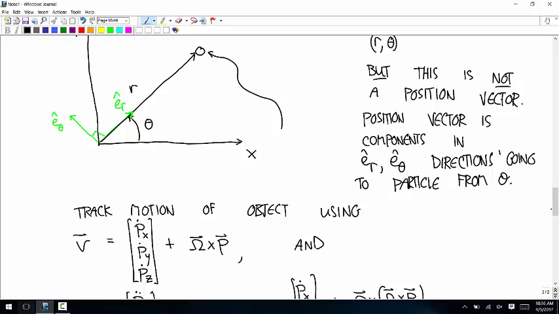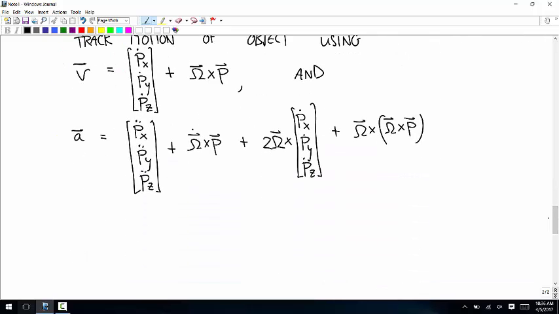So that we can do cross products, I'm going to say that there's also a z-axis coming out.